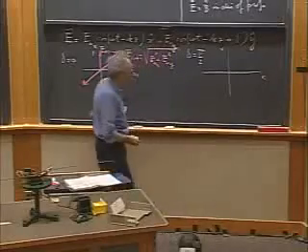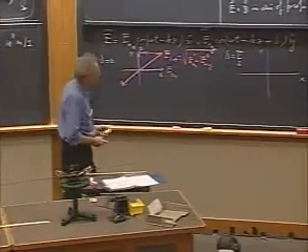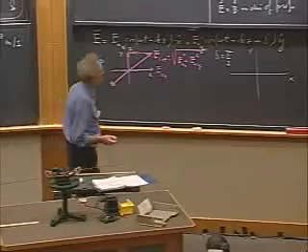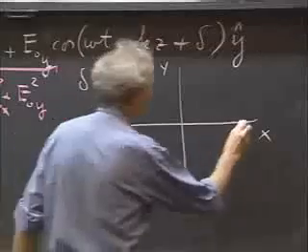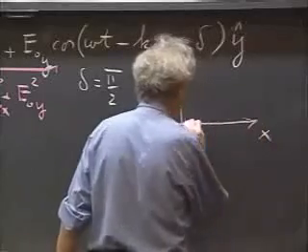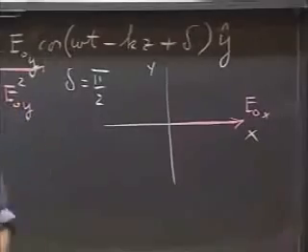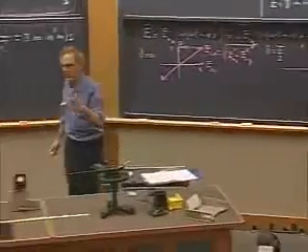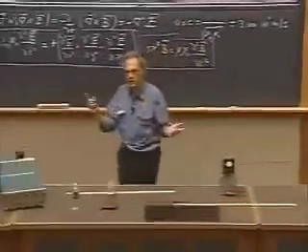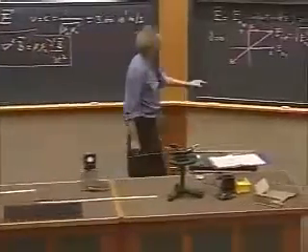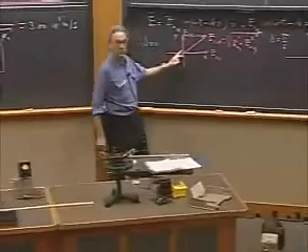X cross y is in your direction. And now I pick a moment in time that E0x is a maximum here. So this is the vector, E0x. But now E0y, the E vector in the y direction, is 0, because they're 90 degrees out of phase. And so if this one reaches a maximum, this one is 0.